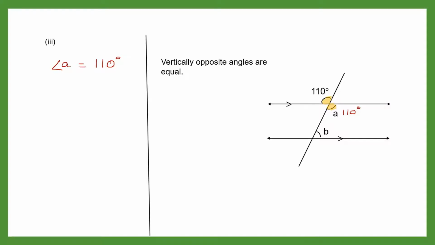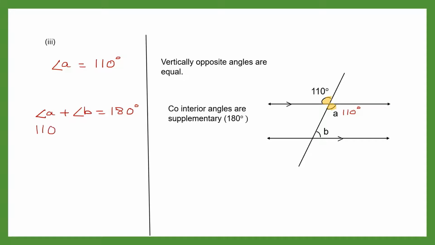That means they will add up to 180 degrees. So what do we know about them? Co-interior angles are supplementary. So angle A plus angle B should be equal to 180 degrees because co-interior angles are supplementary. And we know angle A is 110 degrees.